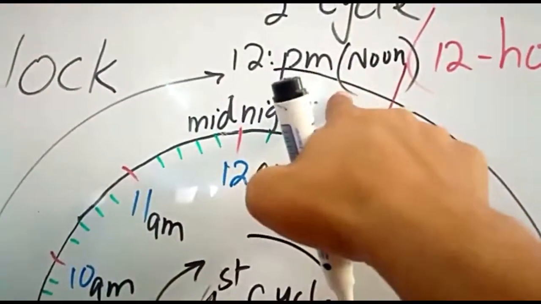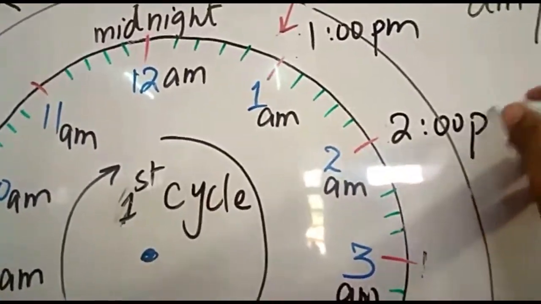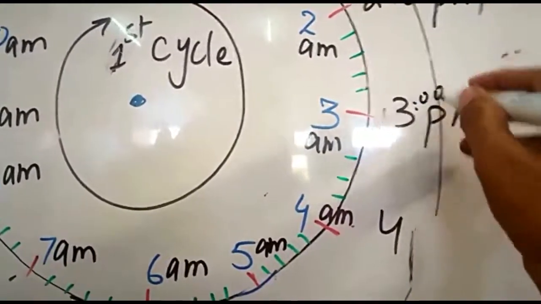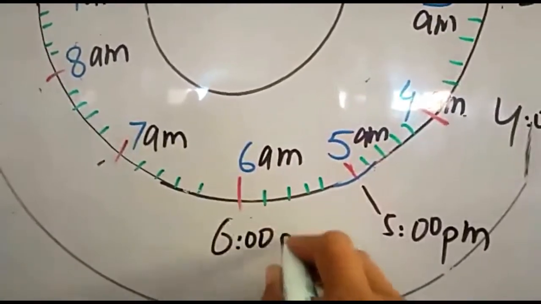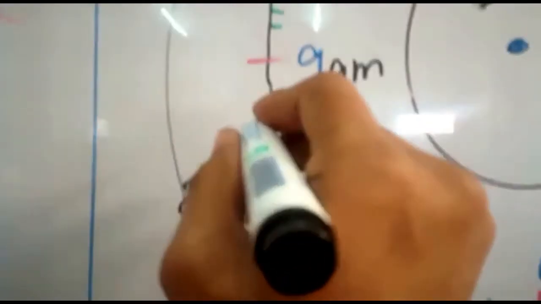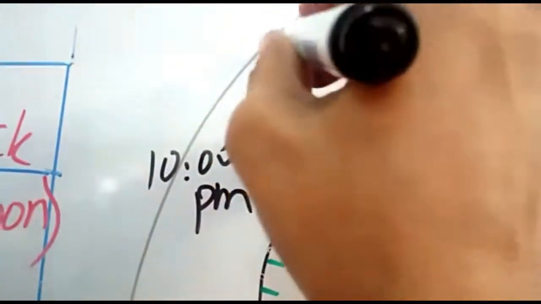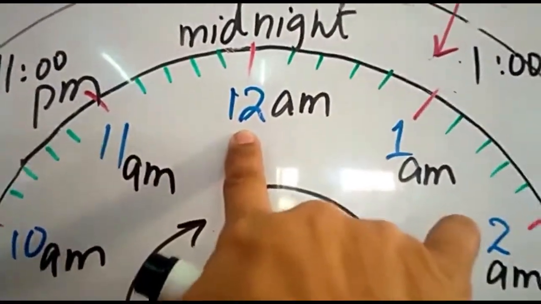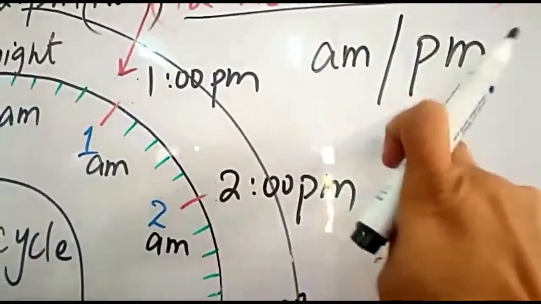After 12 p.m. or 12 noon, it becomes 1 p.m., 2 p.m., 3 p.m., 4 p.m., 5 p.m., 6 p.m., now evening time, 7 p.m., 8 p.m., 9 p.m. at night, then 10 p.m., 11 p.m., and after 11 p.m. again cycle number 1 starts at midnight, 12 a.m. In the case of the 12-hour clock, we always use AM and PM.